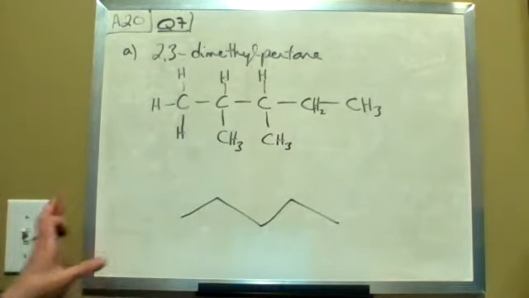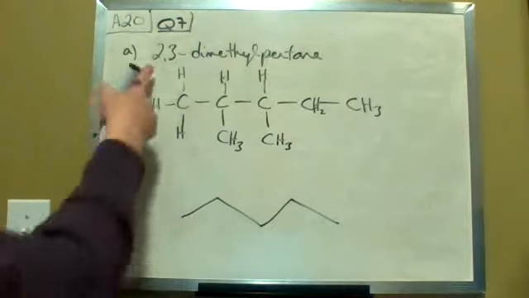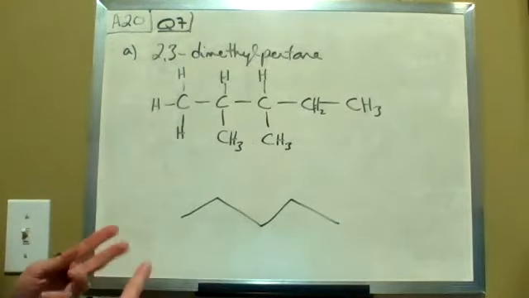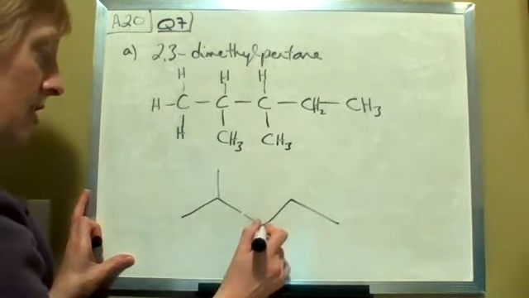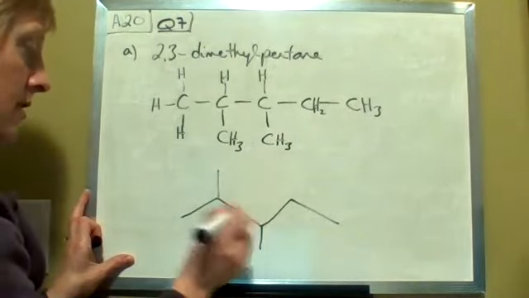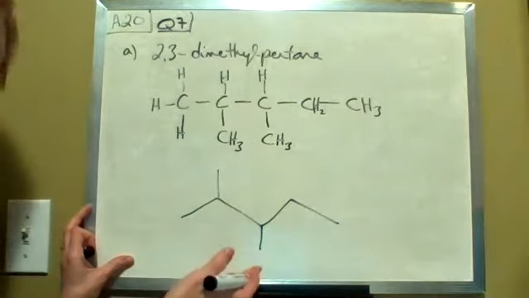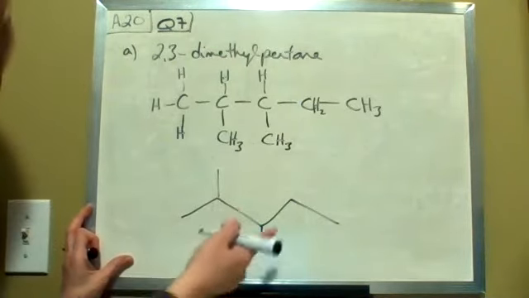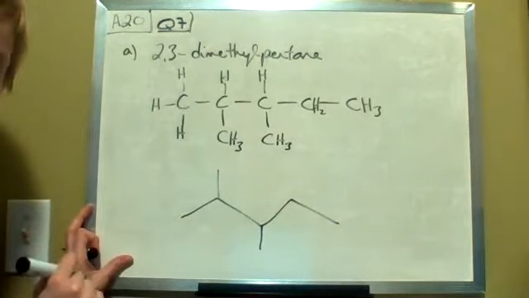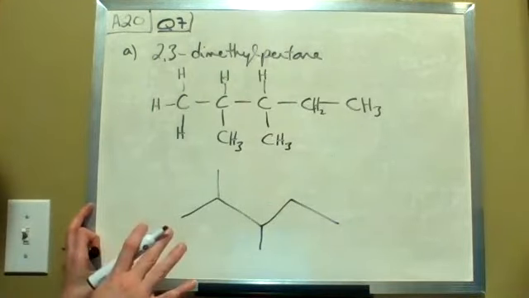Now you'd go through and add your methyls on the 2 and the 3. So here's carbon number 2, there's a methyl, carbon number 3, there's a methyl. Drawn like this, it is assumed that you know how many hydrogens are at each spot. You don't have to write them in when you've drawn it like this.